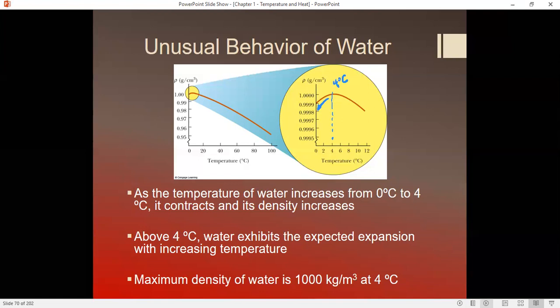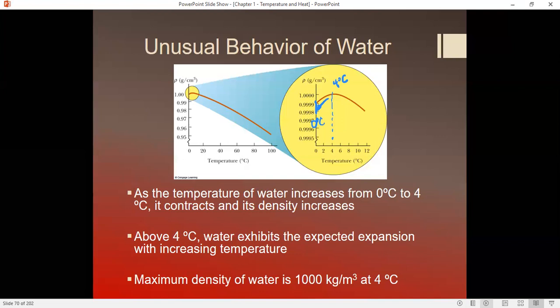The temperature is still too high. So on a microscopic scale, it's starting to link up and form these hexagonal crystals with a large space in between. So right before it freezes, from 4 degrees Celsius to 0 degrees Celsius, it will actually expand as it cools down, okay?